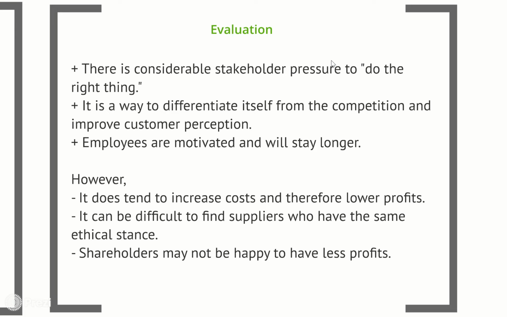In the case of Shein, they have very cheap suppliers, so they would probably have to change their suppliers, and that would make their prices higher. So it will have a cost for everyone. Shareholders may not be happy to have less profits and less dividends.